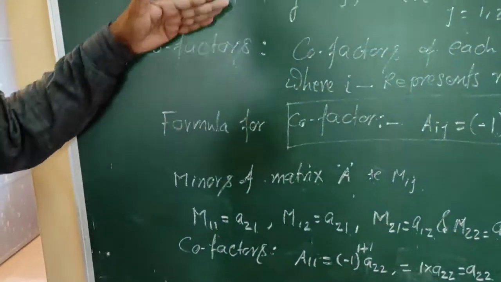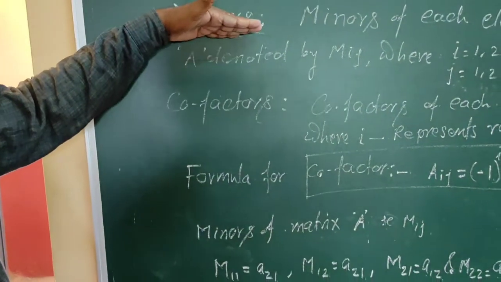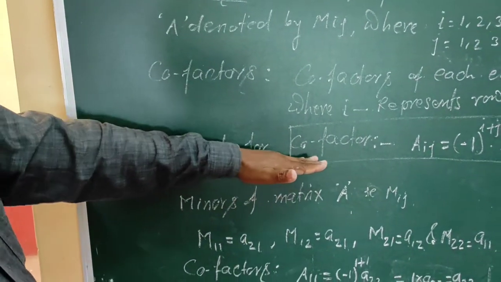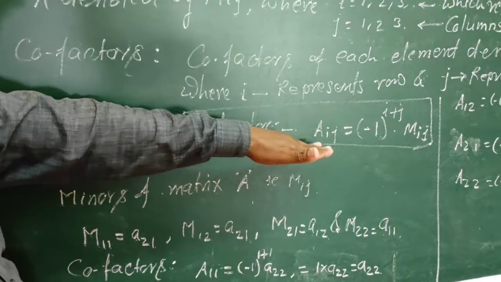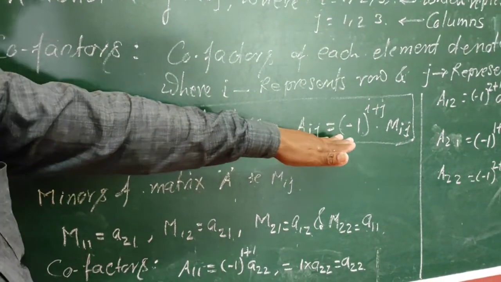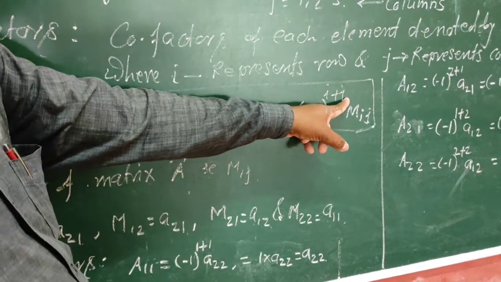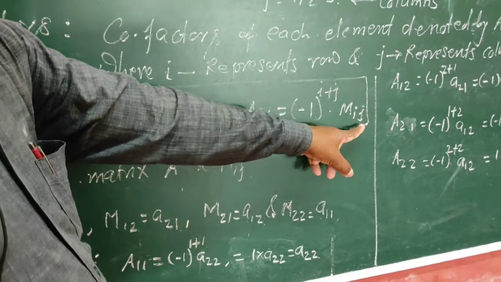Now we find the minors and cofactors, but particularly the formula for cofactors is written as Aij is equal to minus 1 raised to the power i plus j into Mij.